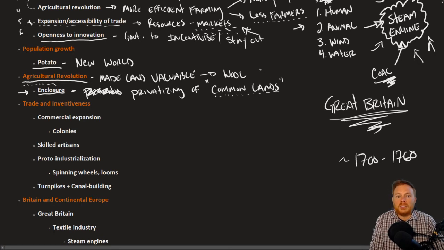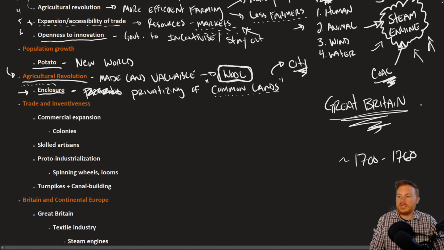But because Britain was being linked much more commercially with the rest of the world, and because farmland was being used more efficiently in the agricultural revolution, this led to a lot of the common lands being enclosed, that is, to put up fences around them. And what this caused was that people then had to move, and they moved primarily to the city, and that provided a labor force for which a lot of these factories could take place.